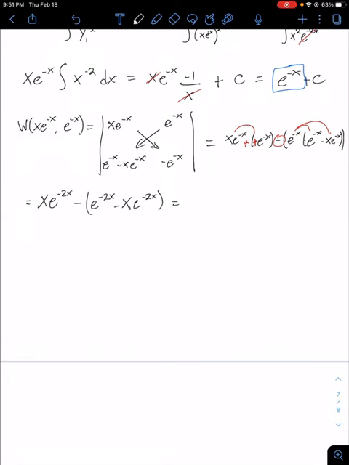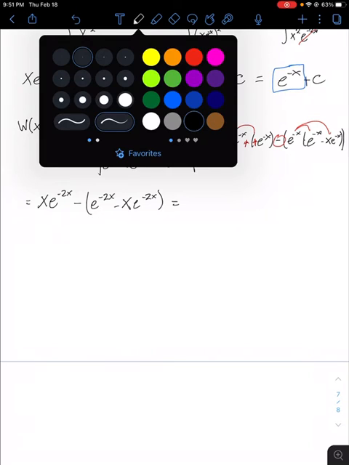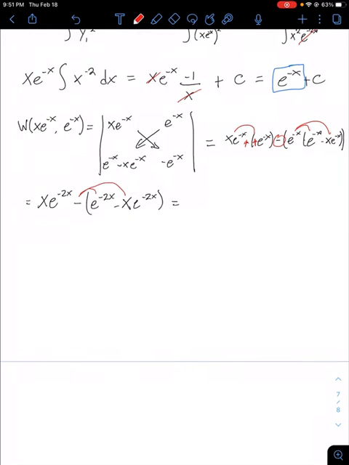And then this minus sign is going to distribute out to these two terms here. So we're going to have x e to the minus 2x minus e to the minus 2x plus x e to the minus 2x.